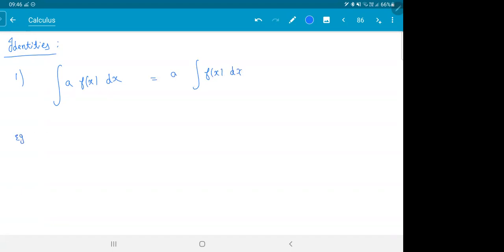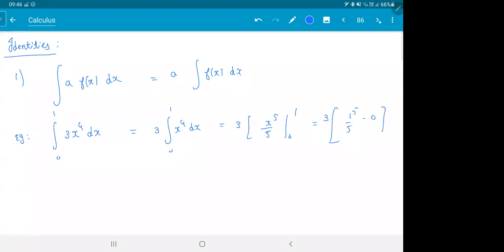Example, so suppose someone gives you like integral of 3x power 4 dx, 0 to 1. What you do, just take 3 outside and put x power 4 in the integral. This you know what will happen there. That would be x power 5 by 5. So 3 will just sit outside there. So 3 into 1 power 5 by 5 minus 0. 3 by 5.